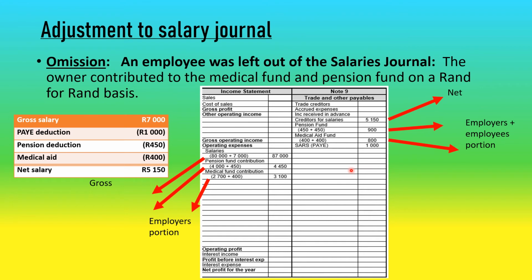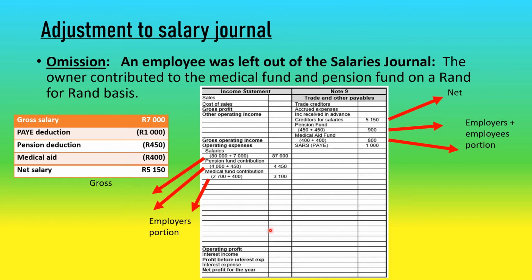As such, you can see that both the employer and employee's portion needs to be included in trade and other payables because it's both the portion. Unlike the expense, what you need to pay to the funds, your medical aid funds and your pension fund, includes both the employee and the employer portion.